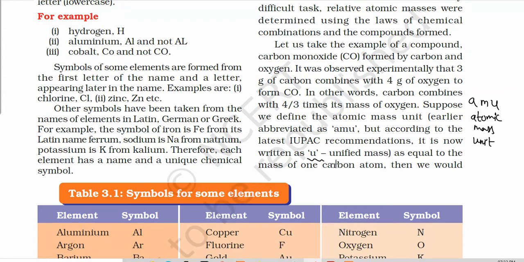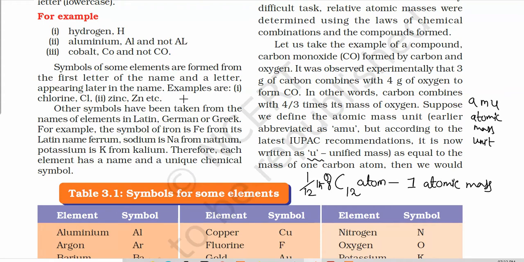It is defined as 1 by 12th of the mass of a carbon-12 atom, which is termed as 1 atomic mass.